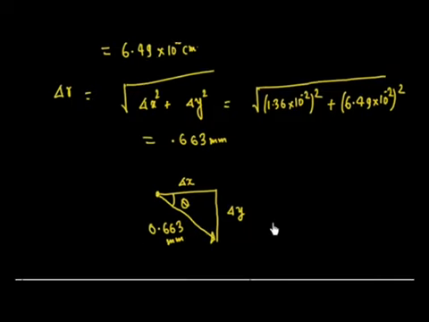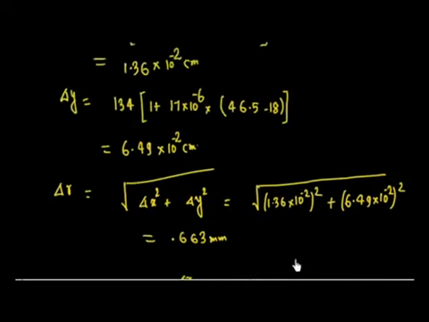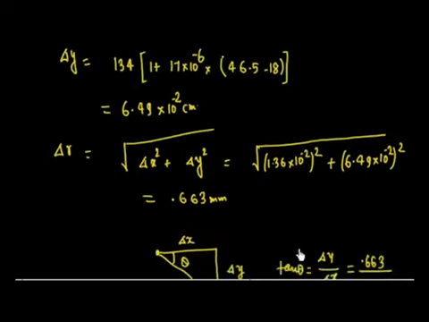Now we can calculate theta also. What is tan theta? Tan theta in this case will be delta y over delta x. Delta y, you have calculated, is 6.49 into 10 to the power minus 2.